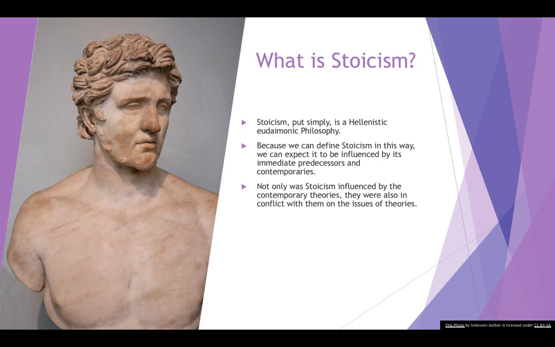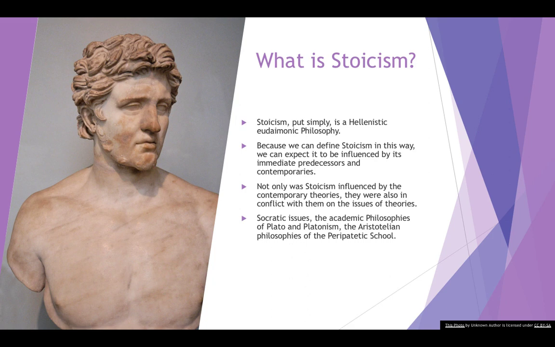Not only was Stoicism influenced by contemporary theories, meaning the theories around the Hellenistic period at the time, they were also in conflict with these issues. They were a school of their own that would argue and debate with the other thinkers at that time.